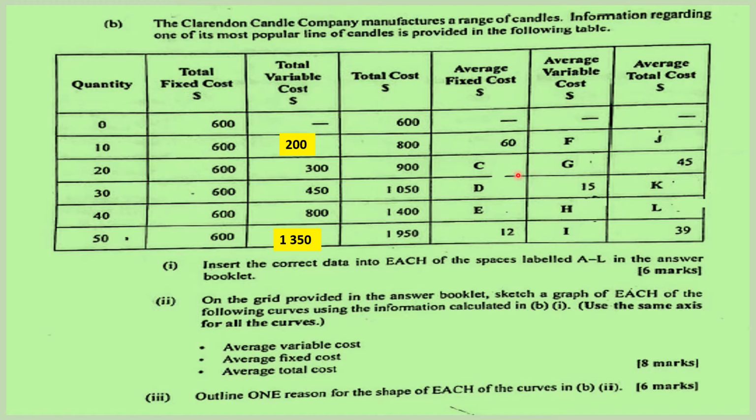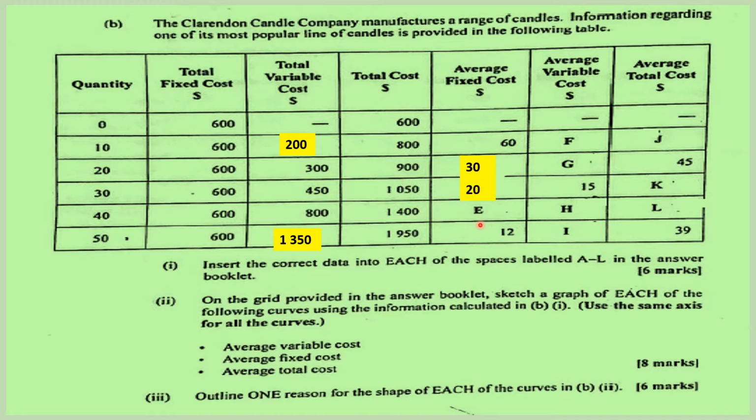Part C, the average fixed cost would be the 600 divided by the 20 units, and we will get 30. Then D, the average fixed cost again, we will use the same formula, the 600 divided by 30 this time, and we will get 20.